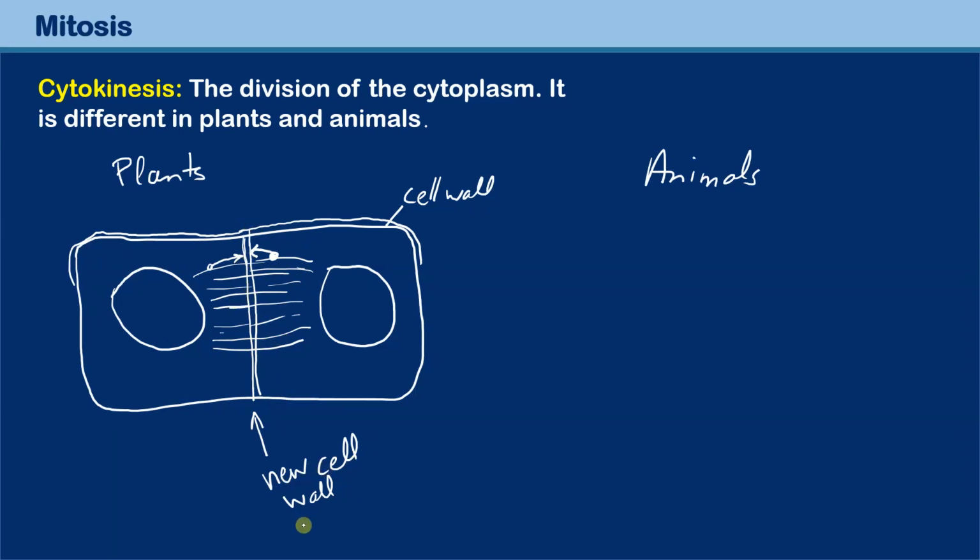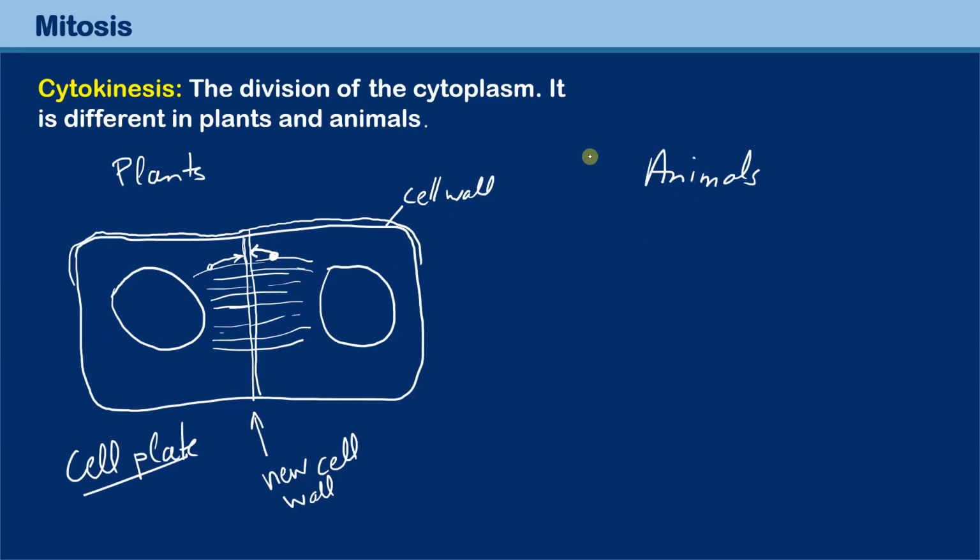And because new cell wall and cell membrane sounds kind of not fancy enough, we call this new cell wall a cell plate. So plants have cell plate formation during cytokinesis. And that's necessary because the cell wall is very strong and not flexible.